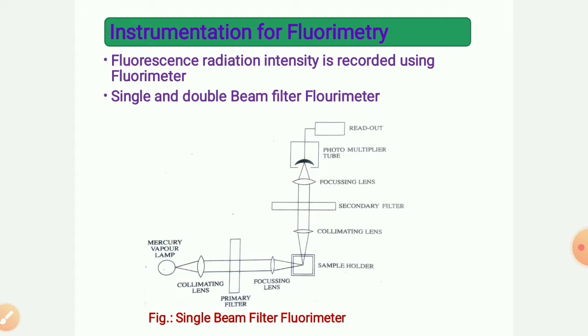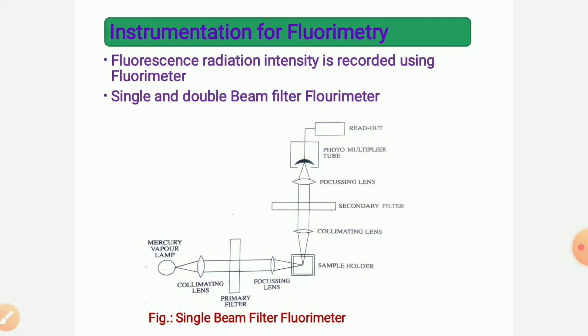The beam emerging from the sample holder contains this fluorescent radiation and the original UV light. This beam emerges from the sample holder at right angles, or you can say at a 90 degree angle, to the incident beam as shown in the figure.